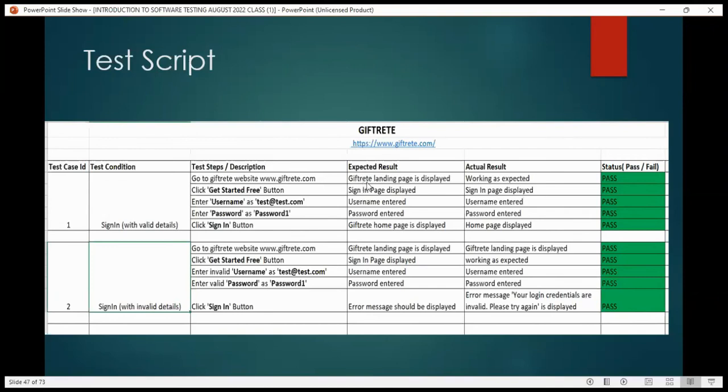My expected is that the GiftTreat landing page is displayed. As I'm looking at it now, is it displayed? Yes, it's working as expected. Is the sign-in page displayed? Yes. Is the username entered? Yes. I've entered the password, yes. Home page is displayed, yes. So these are my statuses, everything passed.